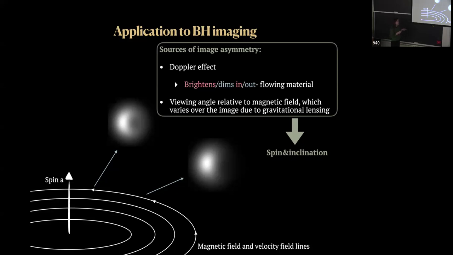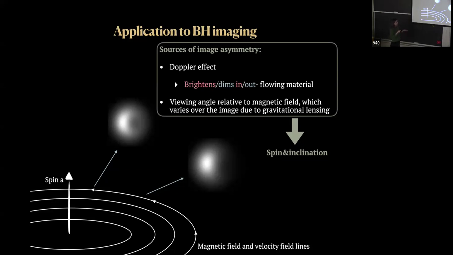If you look right along the spin axis, we will see a very symmetric image, just the donut. But when we look a little bit off axis, you will see that one part of the image is brighter than the other one. And this is mainly because of the Doppler effect, because this plasma goes away from us, so it's dimmer, and this one goes towards us, so it's brighter.